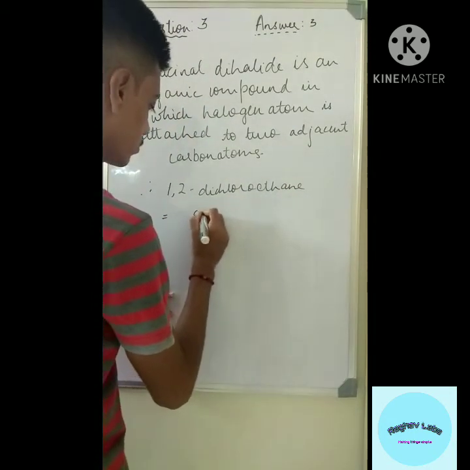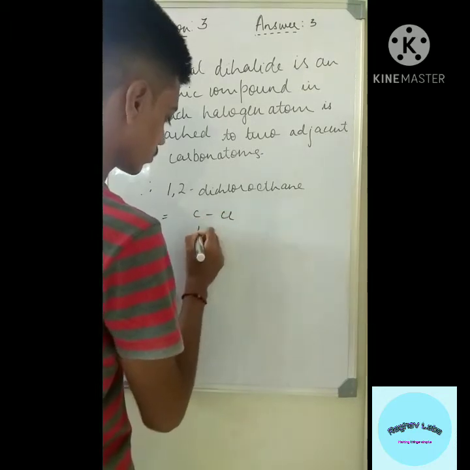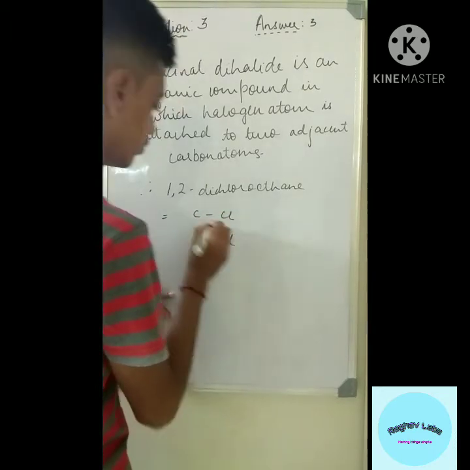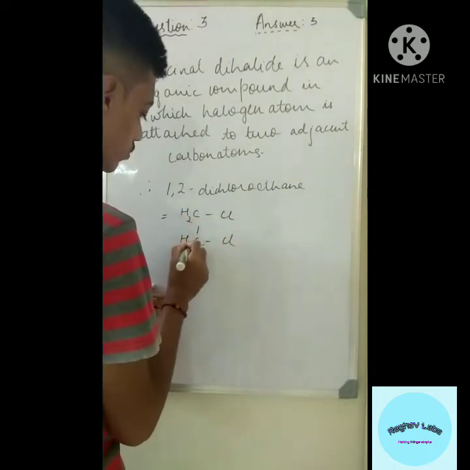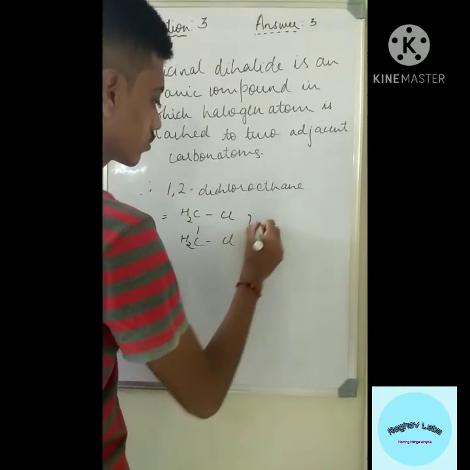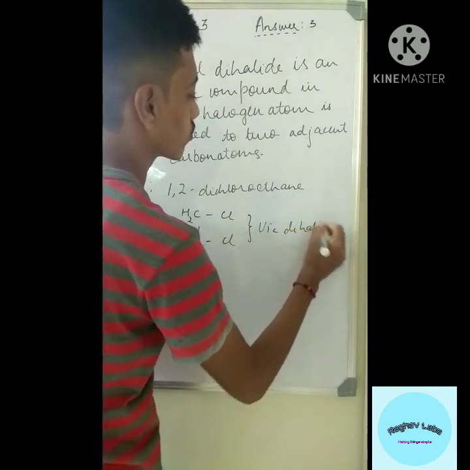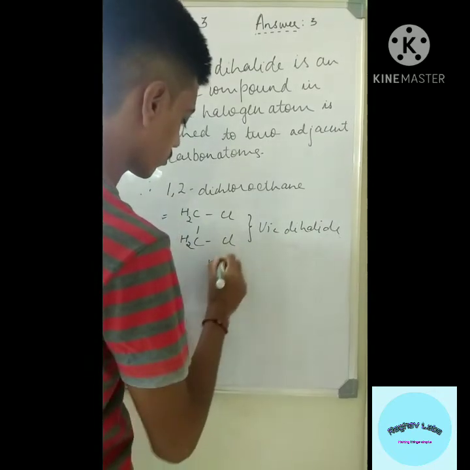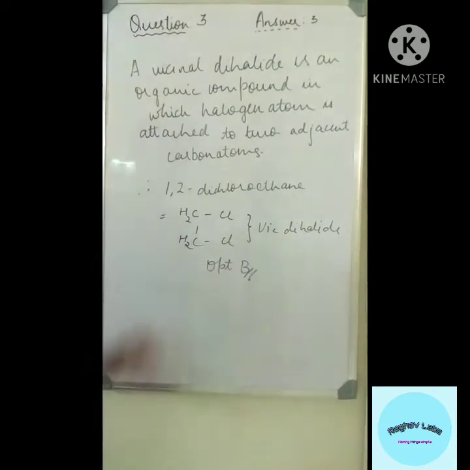So let's write the structure. C bonded to Cl, bonded to C, bonded to Cl, and the other bonds are satisfied by hydrogen atoms. See, the chlorine atoms are bonded to two adjacent carbon atoms, right? So which is also called a vicinal dihalide or vic dihalide. So the option is B. Please remember this.